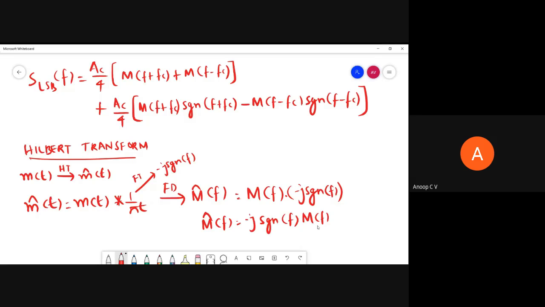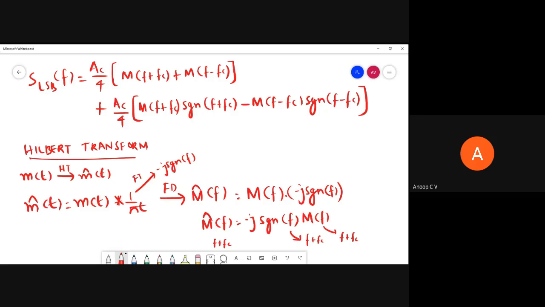So instead of f, if you replace f with f plus fc, in both places, what will happen? It will become m cap of f plus fc. Instead of f, you are replacing it with f plus fc.